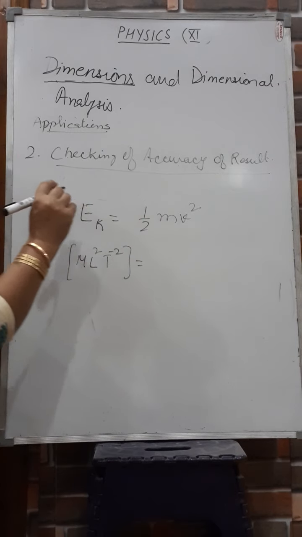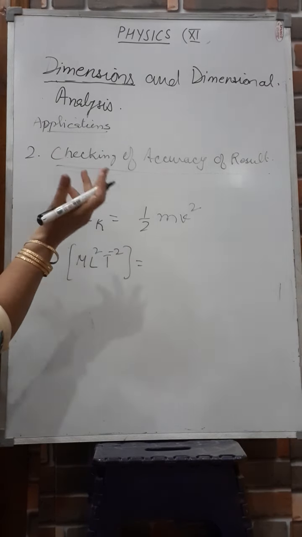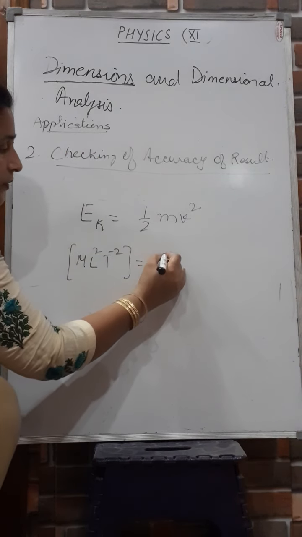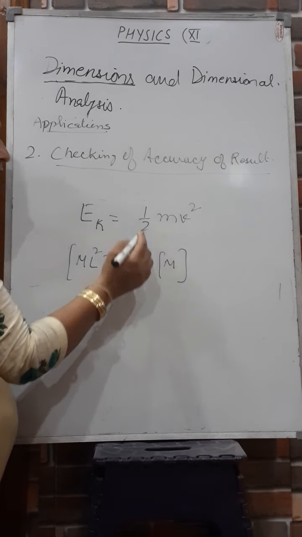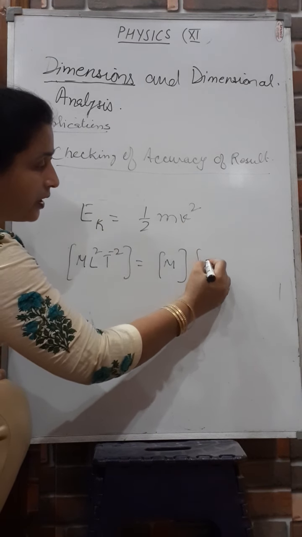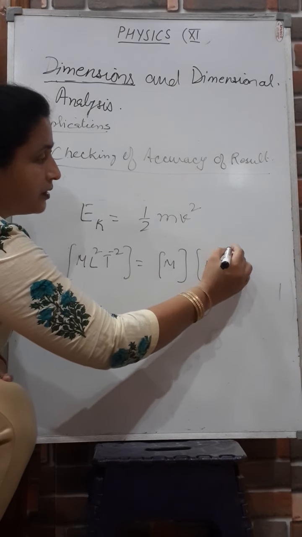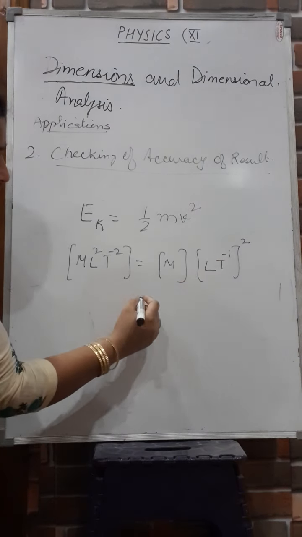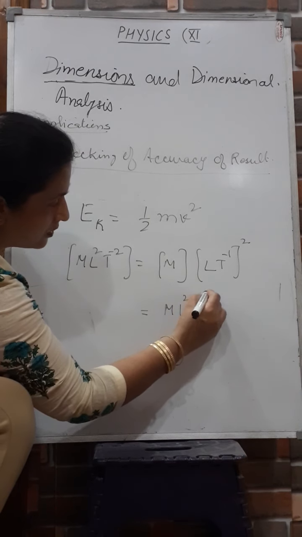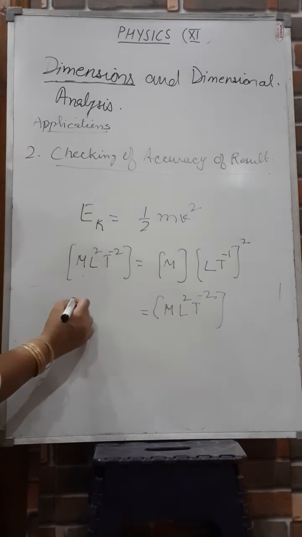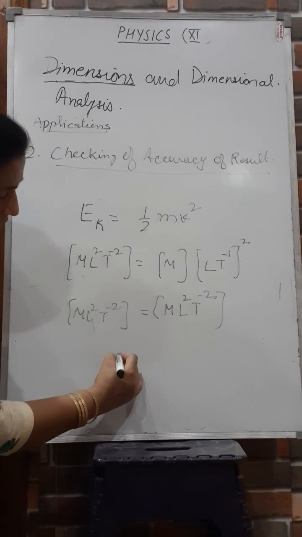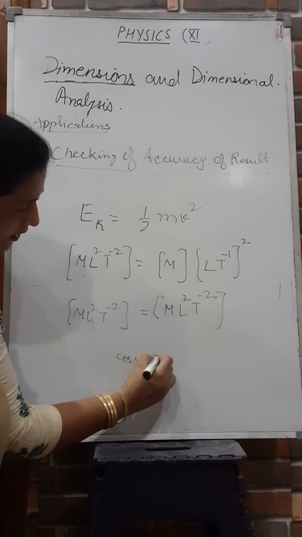Half is a dimensionless constant, so we need not write it. For M, the dimension is M raised to power 1. Velocity is displacement upon time, so it is LT minus 1 raised to power 2. So it is equal to ML2T minus 2. The dimensions of the left hand side are equal to the right hand side. That means the relation is correct.